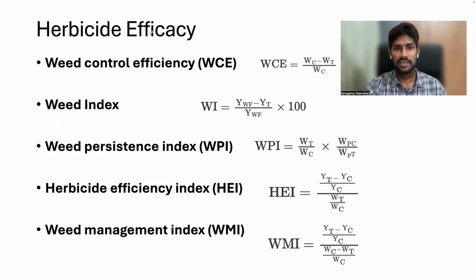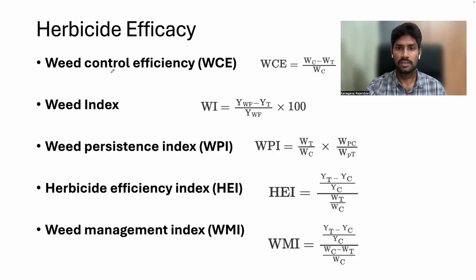So what is the meaning of efficacy? Efficiency. When you apply herbicides in the field, how efficiently the herbicides are controlling the weeds. To assess the herbicide efficacy, we use different formulas and different parameters, and the questions are from these parameters and formulas.